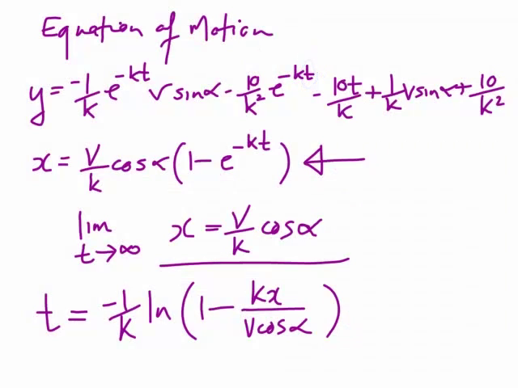What I found the easiest way to do it was to try and get an expression with minus kt. Minus kt is quite easy to get, and we can rearrange that to get an expression in terms of logs, and as you know, logs and exponentials are inverse functions, so that drops out quite nicely.